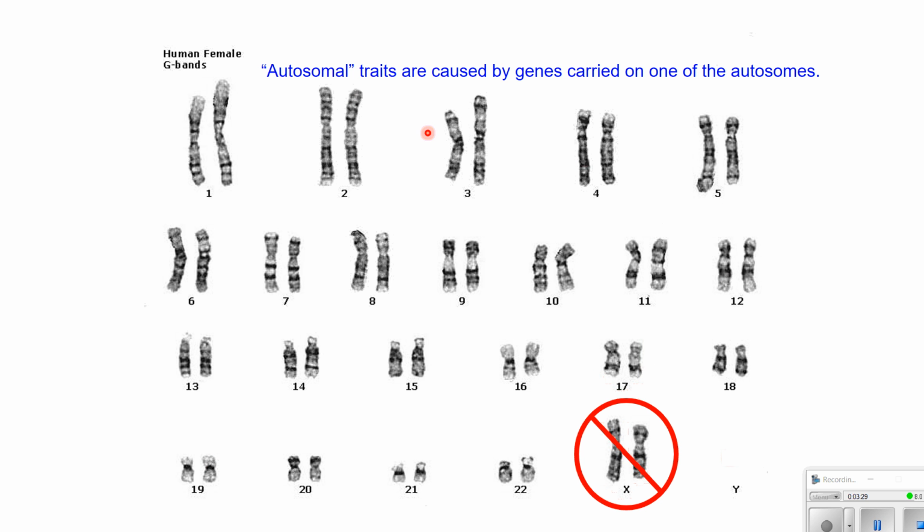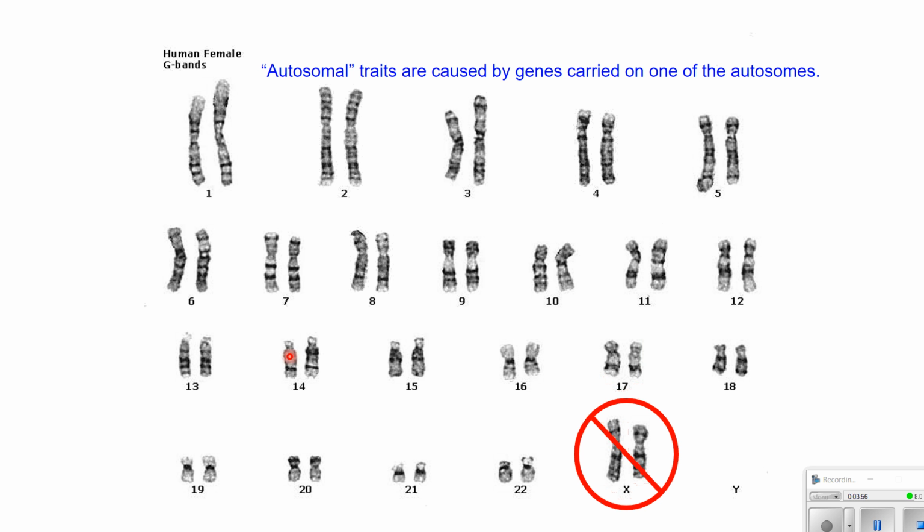And typically, if it's a well-known human genetic disorder, it's pretty easy to research and figure out which autosome carries the particular gene. So in your research, you may discover that the gene that causes this particular disease is carried on human chromosome number 7 or human chromosome number 14.